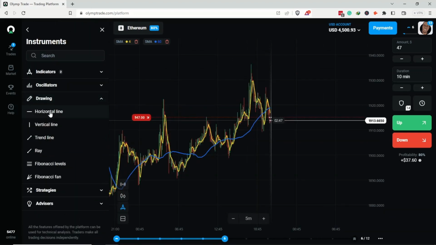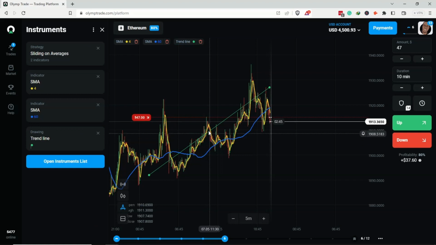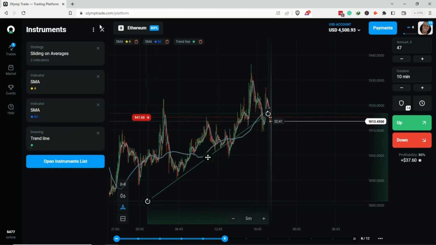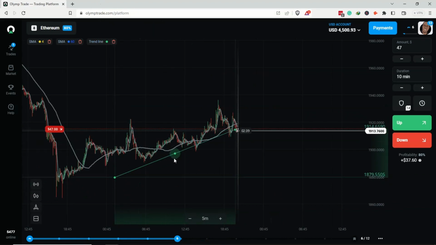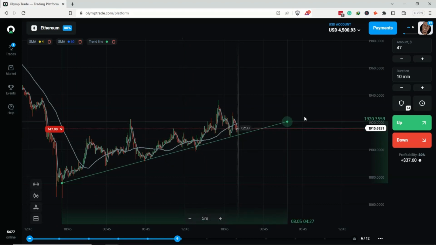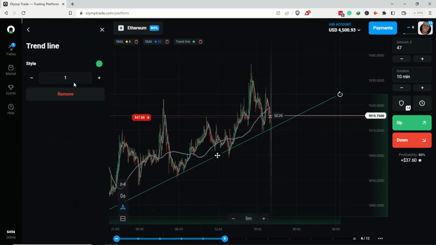To draw that, you can use the drawing tools. Let's use a trend line. If you look at this one here, that's a support line. Let me change the color so that it's visible.